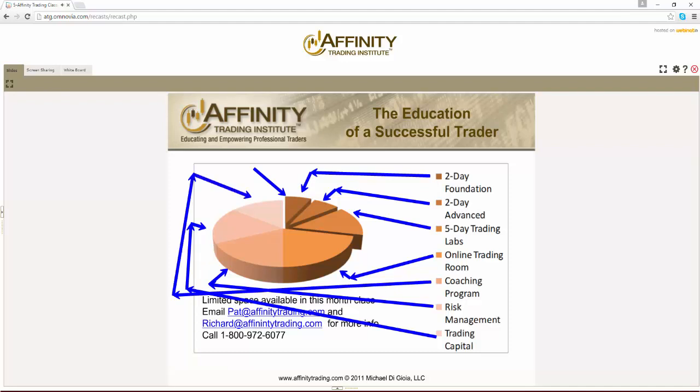So that comprehensive program is what it takes to make, in our opinion, a successful trader. Now, guys, the reality is that most people who endeavor to trade lose money. And we cannot change that.